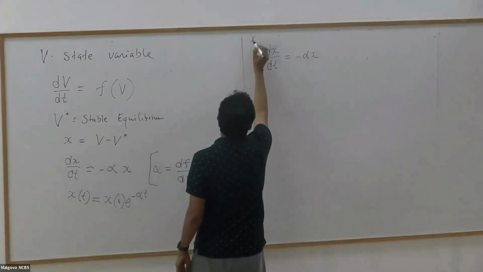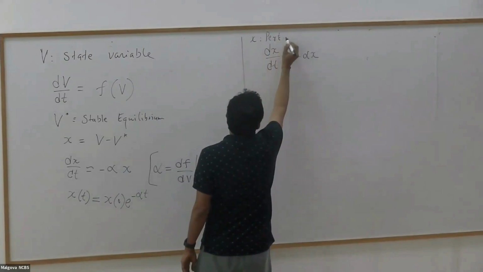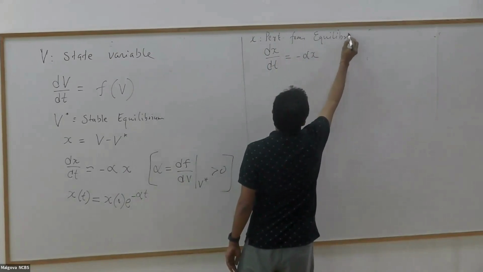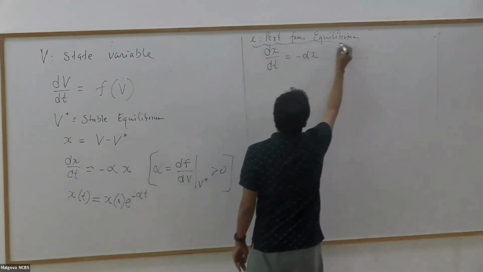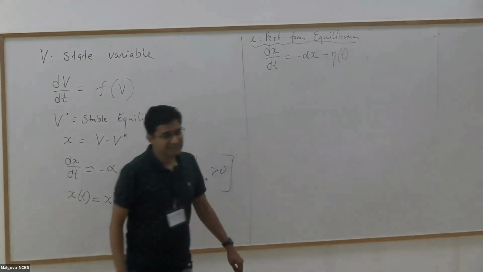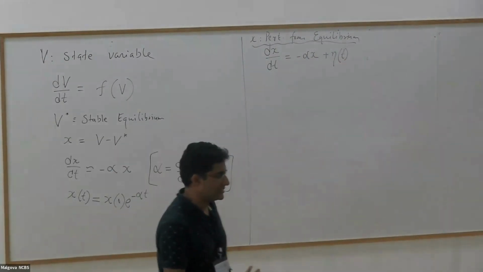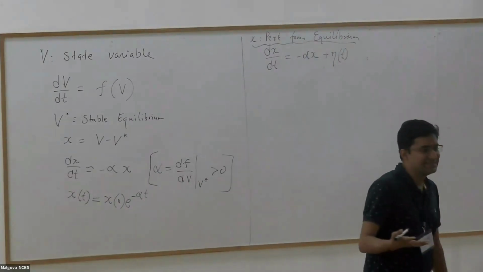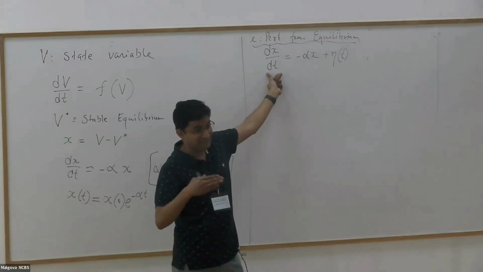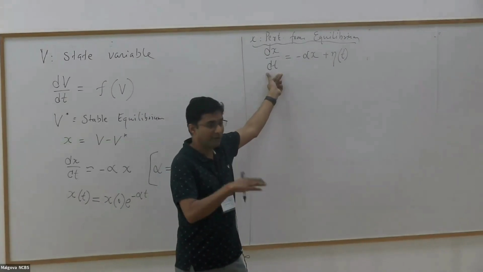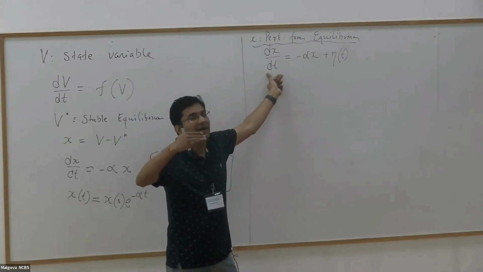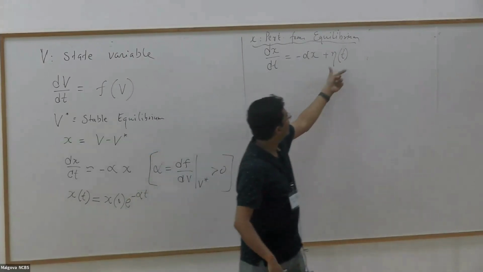Remember, x is basically the deviation from equilibrium, and then I add a term which I denote by eta t that basically tells that there is some amount of stochasticity that is driving the x. X is the deviation from the equilibrium. Now the x can take positive or negative values, which is just telling you that it's going above the equilibrium and coming below the equilibrium. Okay, now what exactly is eta t?